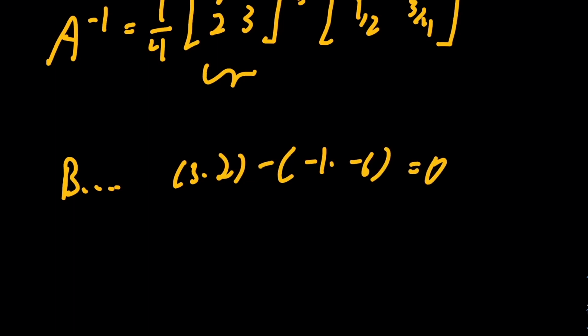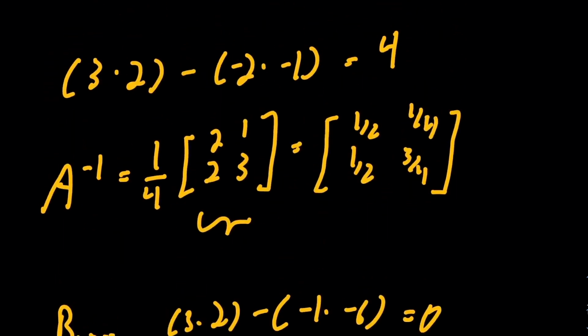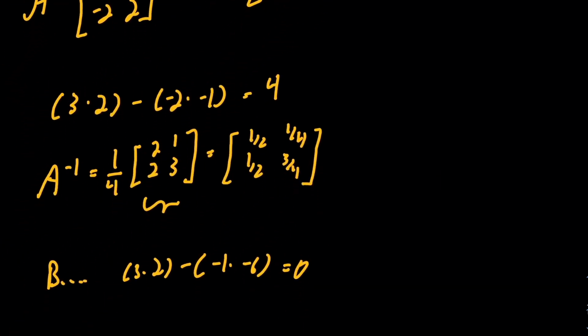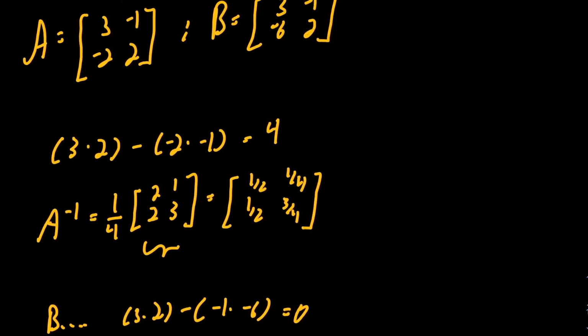It equals 0. Figure that out. What does it mean? Well, unlike matrix A, the determinant is 0, and when the determinant is equal to 0, that means there is no inverse. And there you have it. We have found the inverse, if possible, for the 2 given matrices.